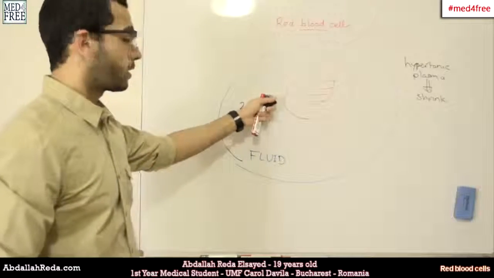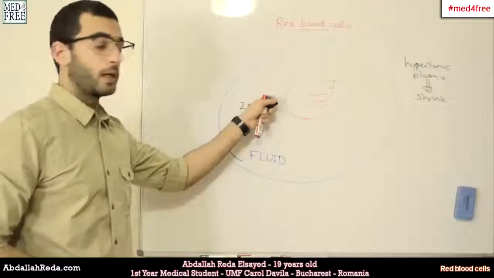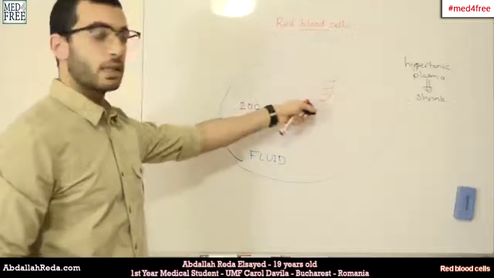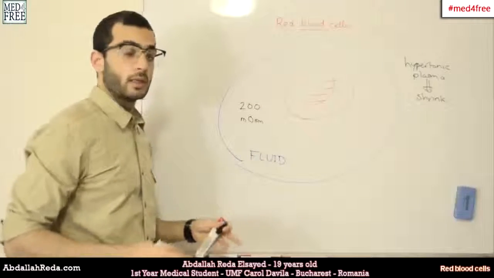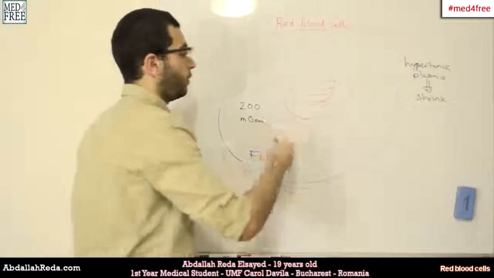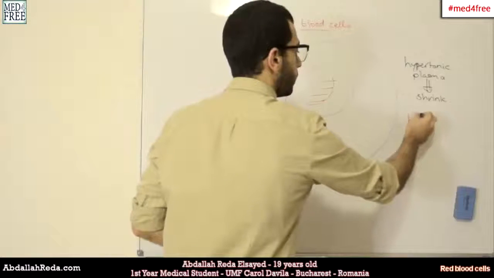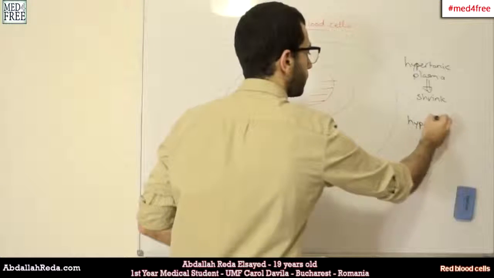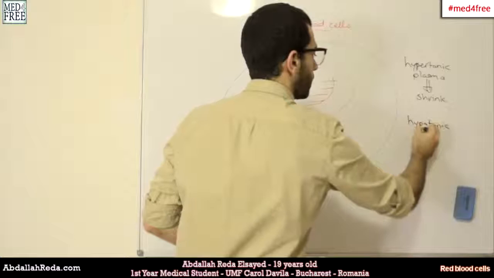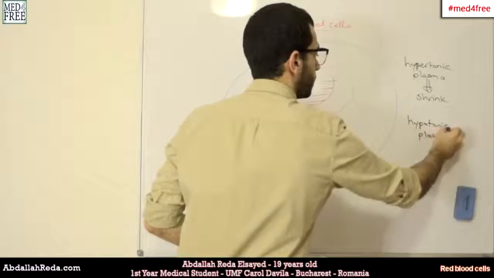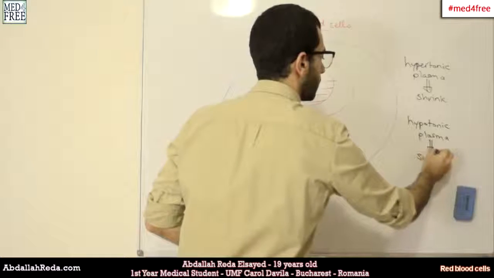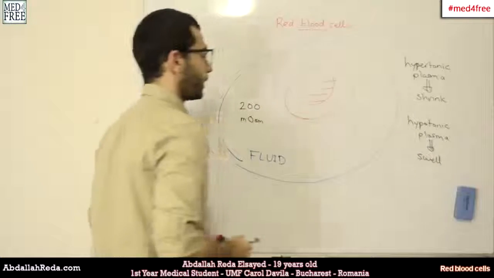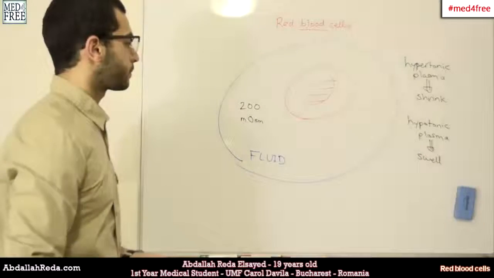Accordingly, the water concentration here is relatively higher, so it will flow inside the red blood cell and it will swell until it ruptures. So if we have a hypotonic plasma, this will lead to the swelling of the red blood cell.